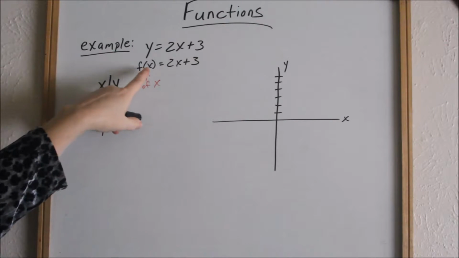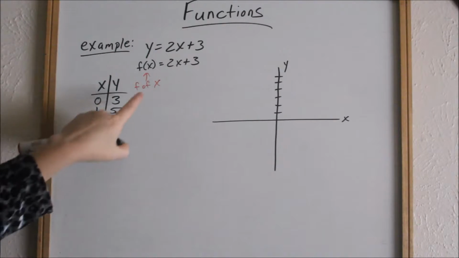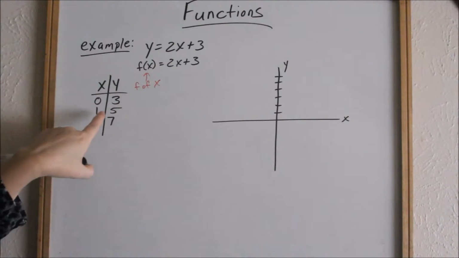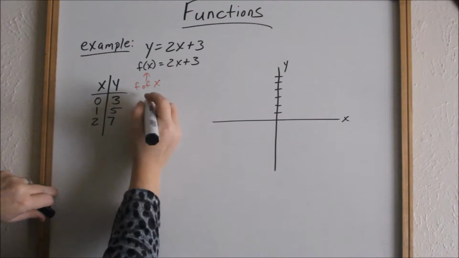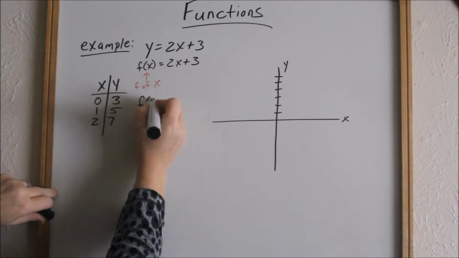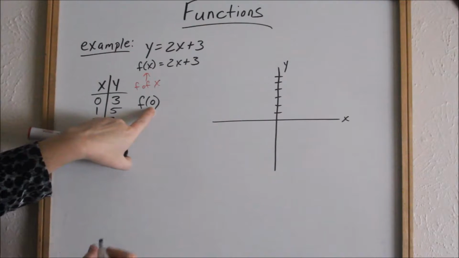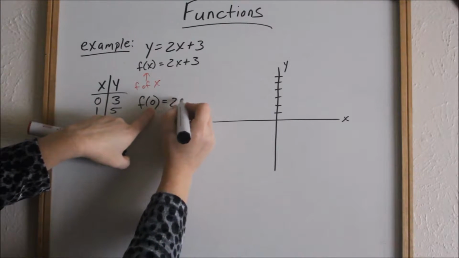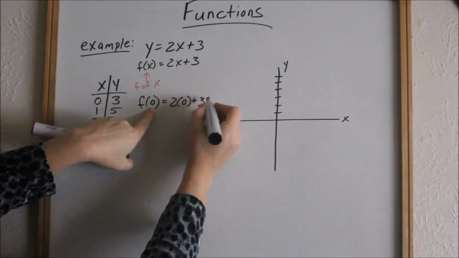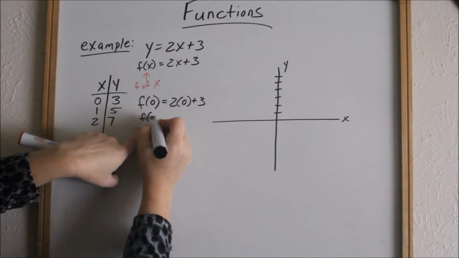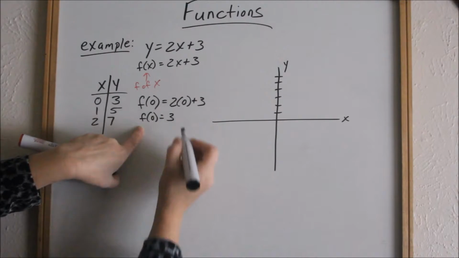Using function notation, what if I said I'm going to make x be 0? We can write it as f of 0, meaning I'm putting in 0 for x, which means I put in 0 for x everywhere on the right hand side as well. And so f of 0, here's how we say it, f of 0 equals 3.